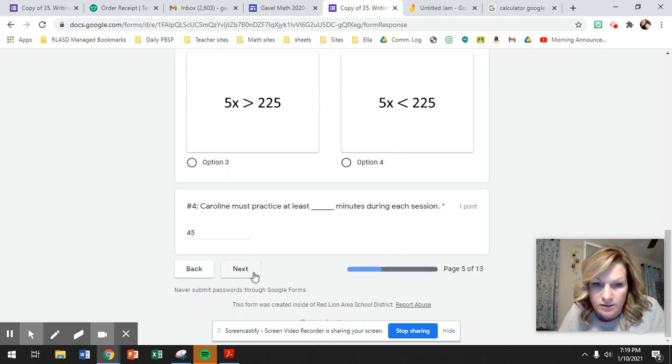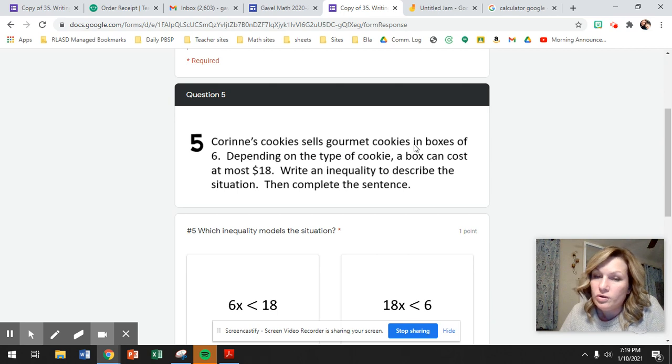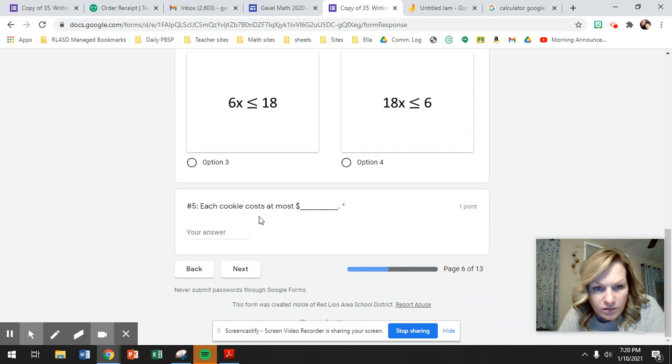Perfect. Okay. Next one. I'll read it, but I'm not doing it. Caroline's Cookies sells gourmet cookies in a box of 6. So each box has 6 cookies. Depending on what type of cookie, a box can cost at most $18. Write an inequality to describe the situation, then solve it. What are we looking for down here?